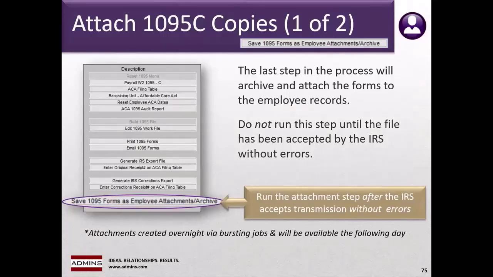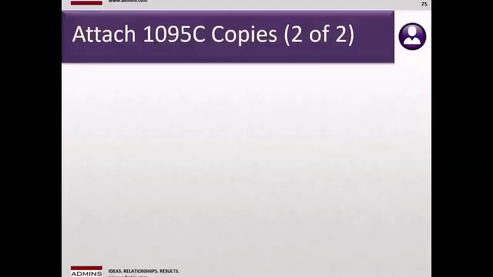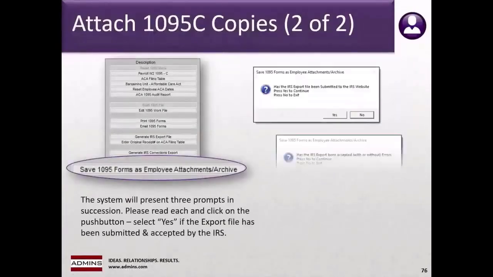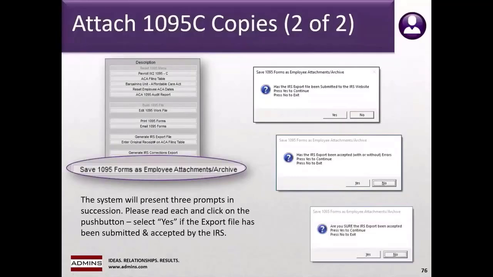Then run the last step to attach copies. These are big bursting jobs and will run overnight, similar to the check copies. When you click on that Save 1095 form step, you will be presented with a series of prompts. Please read those carefully and respond to them appropriately.